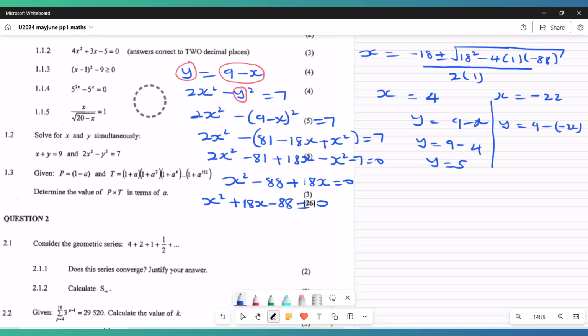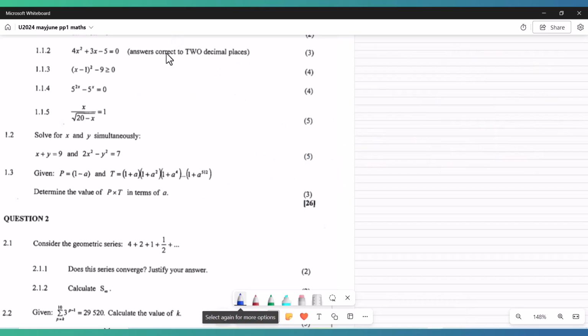So it becomes a positive. So I'm going to get y equals 9 plus 22, which gives us 31. So this is what we have here. I hope we are together. Okay.